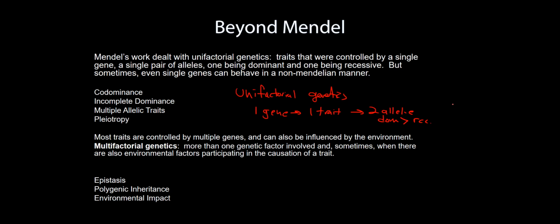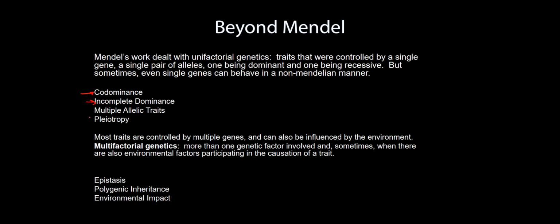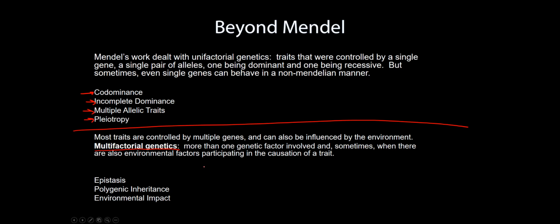There's a lot of violations of these basics, and we're going to go through them. The first one is going to be called codominance, and then incomplete dominance, multiple allelic traits, pleiotropy. Okay, and that's it for unifactorial genetics. Then there's multifactorial genetics, which is characterized by the traits being influenced not only by genes, but also the environment, and usually multiple genes.